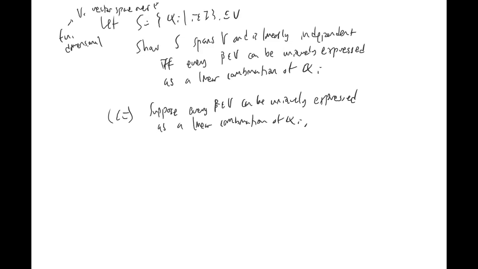Just using this fact right here, which part have we shown? Have we shown linearly independent or span? Just from the fact that beta can be expressed as a linear combination of the alpha_i, span.